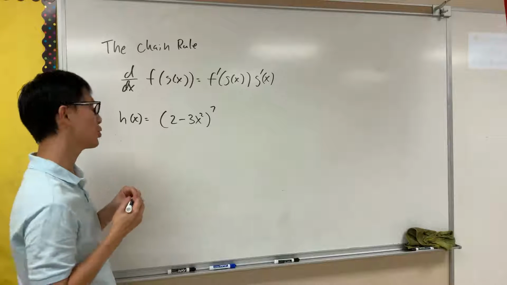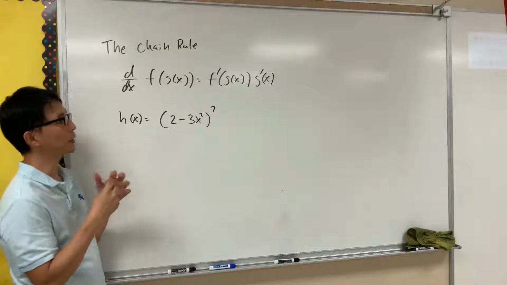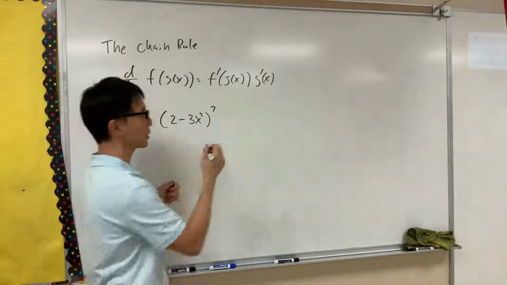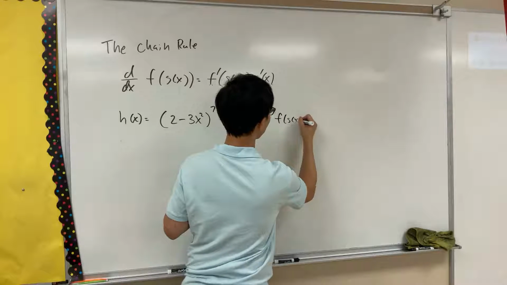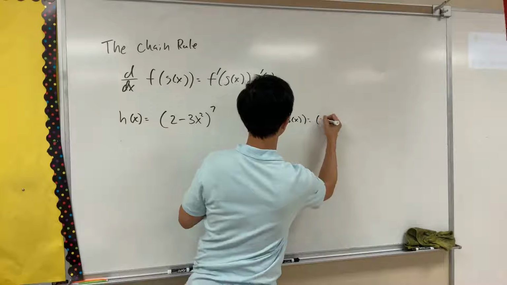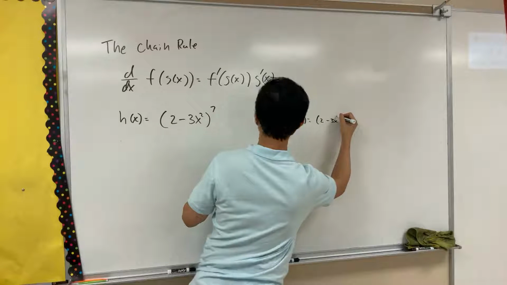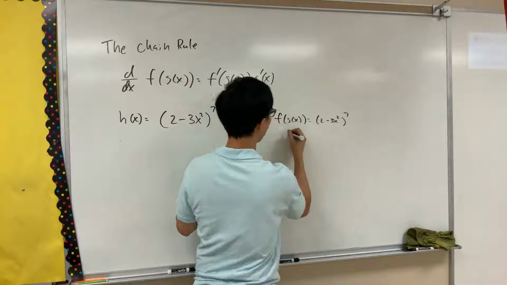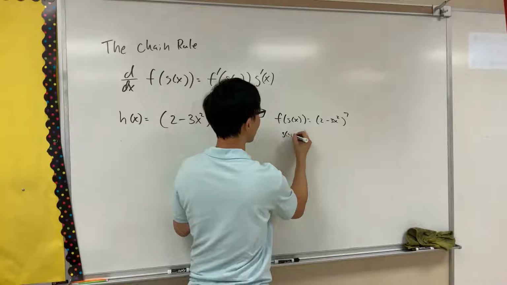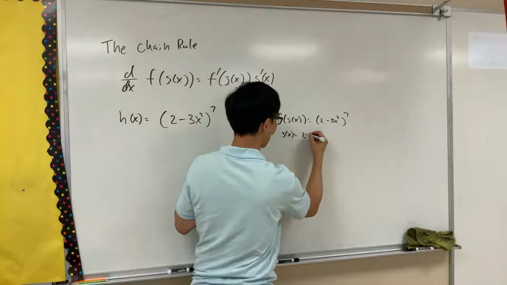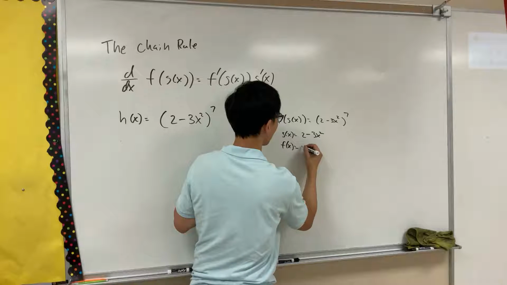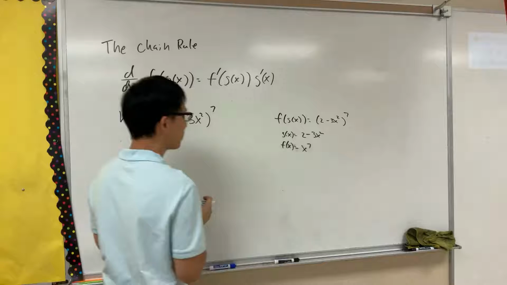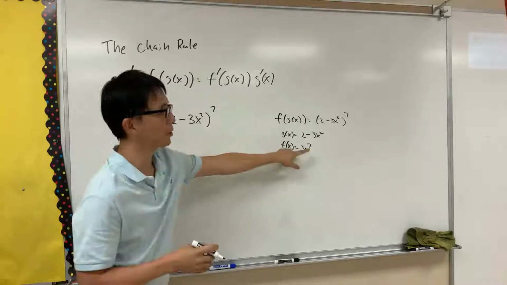So what do you think the g of x is, and what do you think your f of x is in this case? If f of g of x is equal to 2 minus 3x squared to the 7, what will be my g of x? 2 minus 3x squared, good. What will be my f of x? x to the 7, good. So I'm going to take a derivative of just x to the 7.